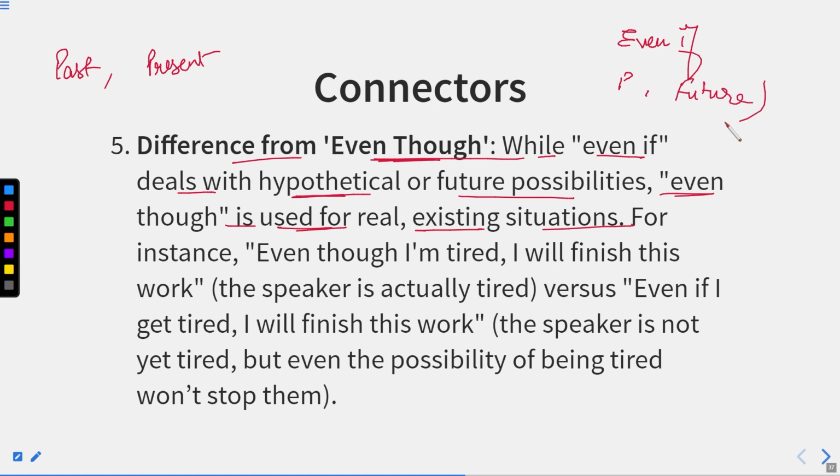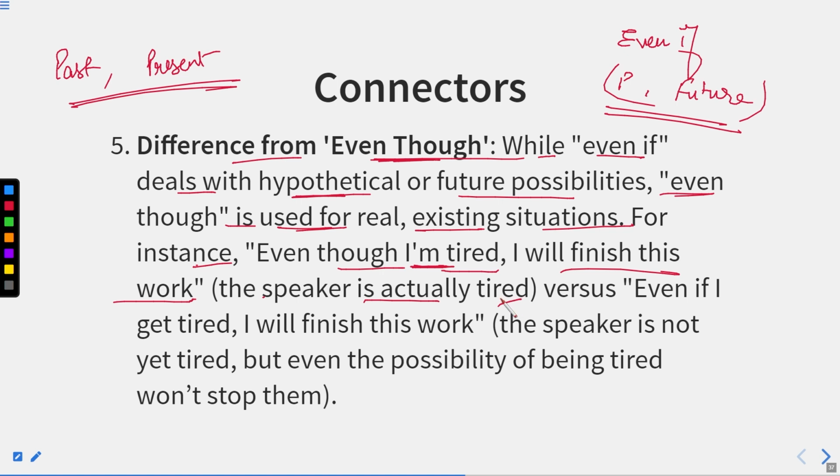Because here we have the imagination part, but there we have something which is real. For instance, even though I'm tired, I will finish this work. So here we can see that this is a present situation, but it is existing. It means yes, I am tired, but I will finish the work.